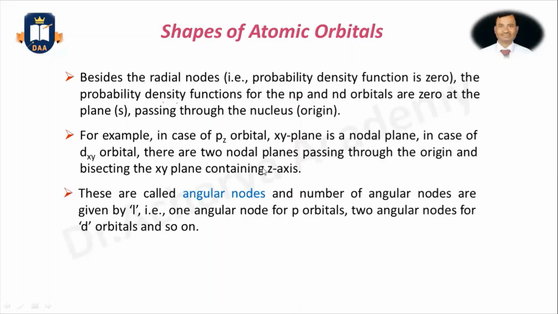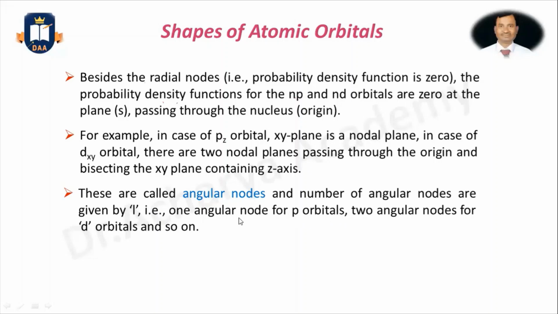So that means the nodal planes are called the angular nodes, and the number of angular nodes is given by L. You know that L is the angular quantum number, and there is one angular node for p orbitals.